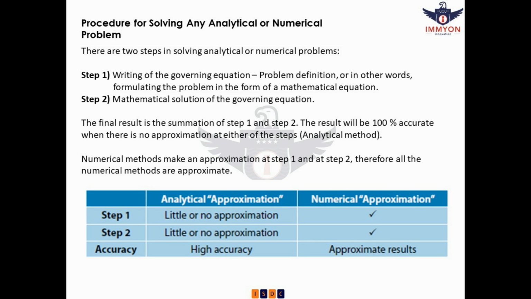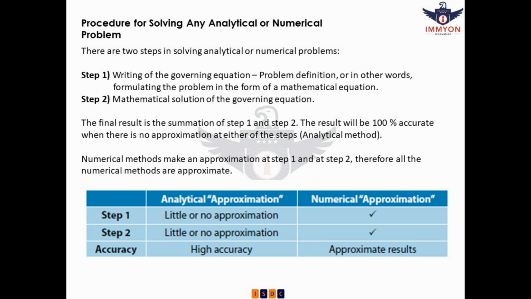There are two steps in solving analytical or numerical problems. Step 1. Writing of the governing equation, problem definition, or in other words, formulating the problem in the form of a mathematical equation. Step 2. Mathematical solution of the governing equation. The final result is the summation of Step 1 and Step 2.